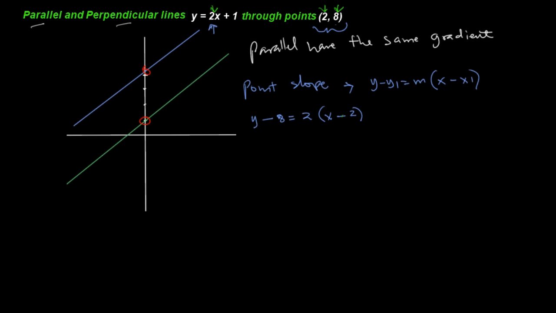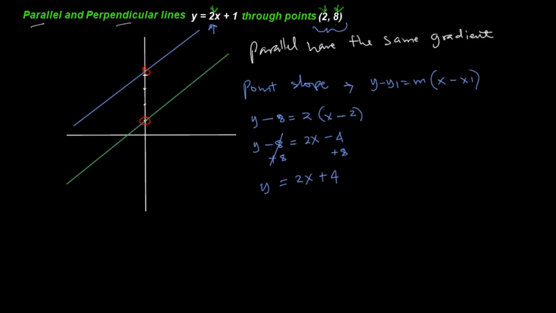So to proceed with our calculations, you'll find that y minus 8 is equals to 2x minus 4. So let's eliminate 8 here. We do plus 8 both sides, where this cancels out, and we remain with y is equals to 2x, negative 4 plus 8 is equals to 4.